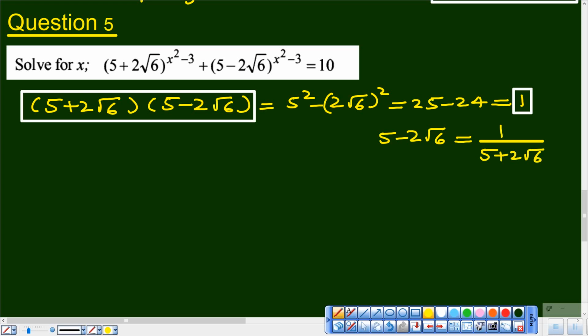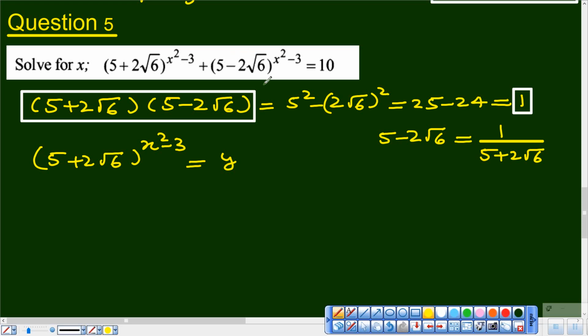Now, to solve this equation, let us assume one of the quantities, that is 5 plus 2 root 6 raised to the power x square minus 3, as y. So what will this be? Will it be 1 by y or not? Because this base is the reciprocal of this base.